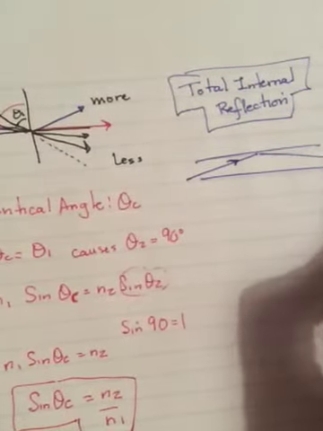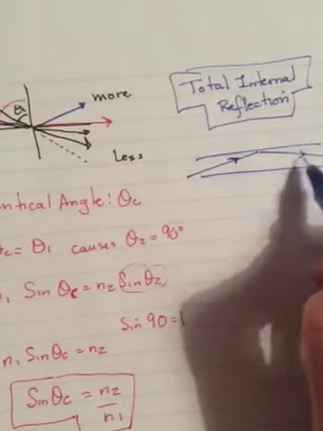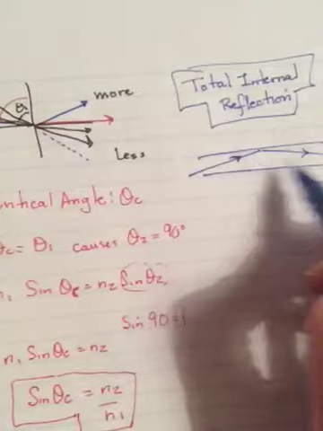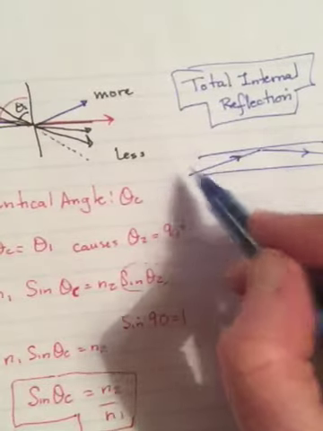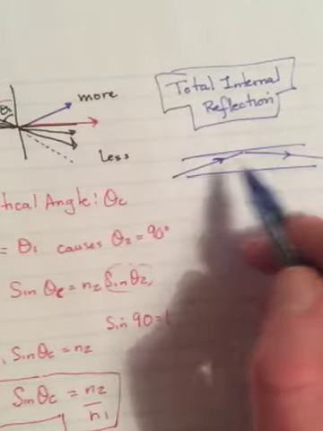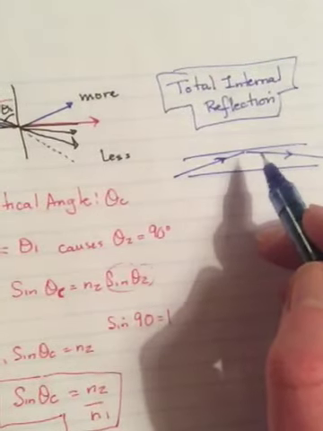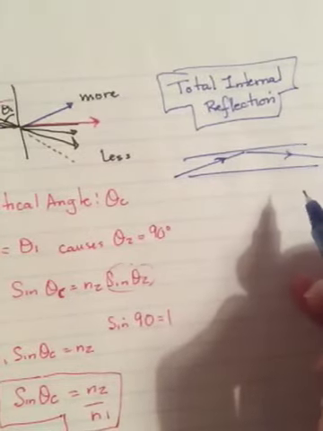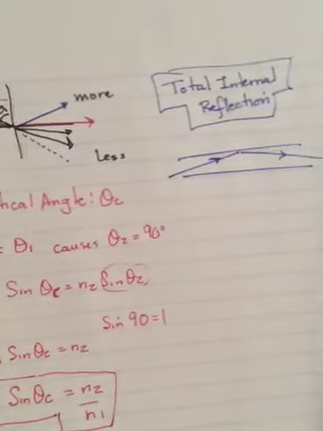It gets reflected off, and then it keeps reflecting all the way along without losing any of the signal. It travels at the speed of light, and this is what high-speed internet and stuff uses. Okay, and the signal is really strong because it isn't losing anything, and it's really fast because it's traveling at the speed of light.